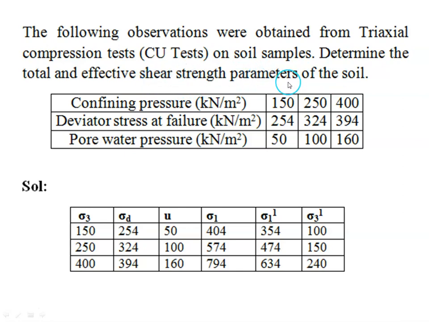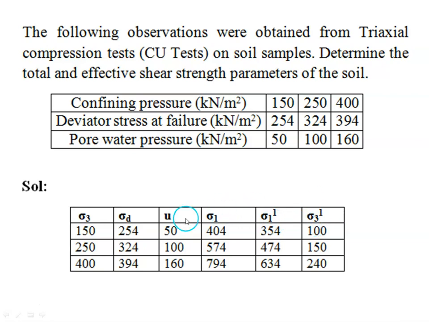C dash and phi dash. So to estimate C and phi, we need to find the values of sigma 1 and sigma 3. To find C dash and phi dash, we need to find the values of sigma 1 dash and sigma 3 dash. We need effective stresses.